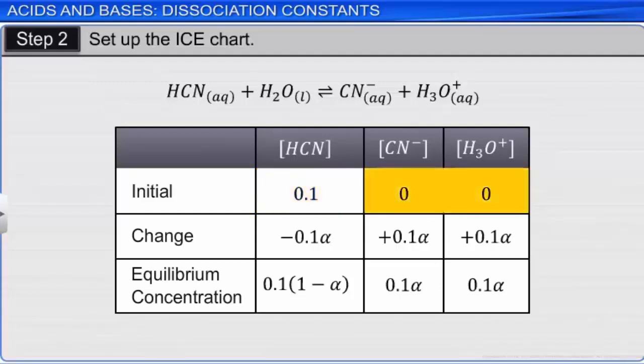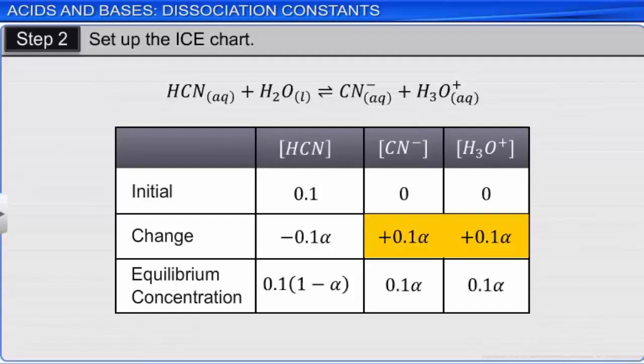Since the reaction is yet to happen, the change in concentration on proceeding to equilibrium in terms of alpha is minus 0.1 alpha for hydrocyanic acid and plus 0.1 alpha and 0.1 alpha each for CN- and H3O+ ions.